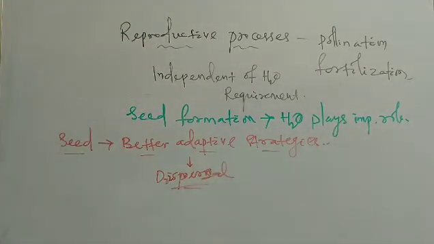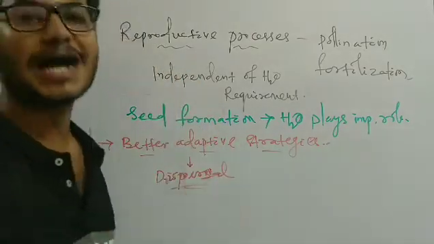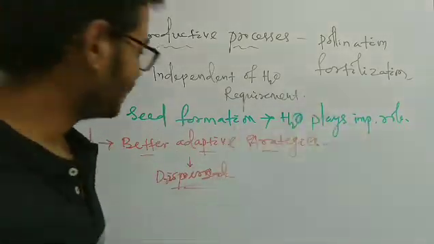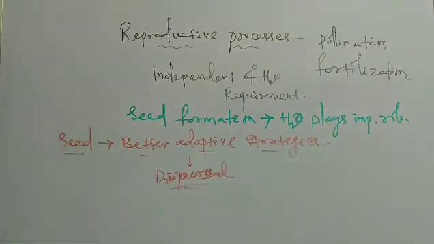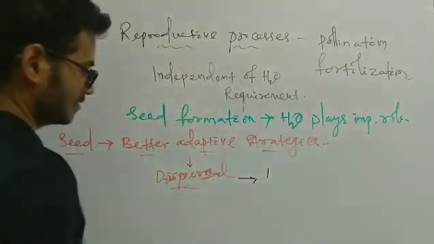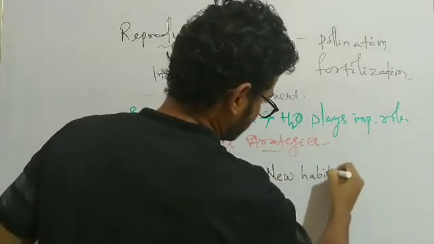Seed dispersal means the seed, after being matured inside the fruit, comes out from the fruit and goes to different places and can adapt in different habitats. After dispersal, it will grow in a new habitat.